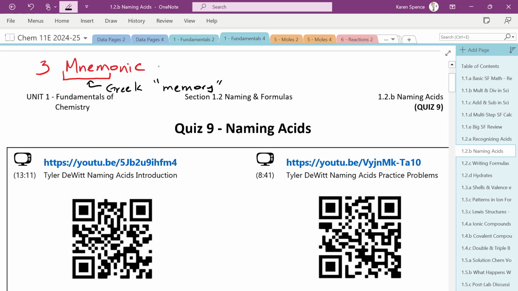So if you have a mnemonic device, that is a memory aid. Okay, so if I ever use the word mnemonic device, that's like the official term for a memory aid.